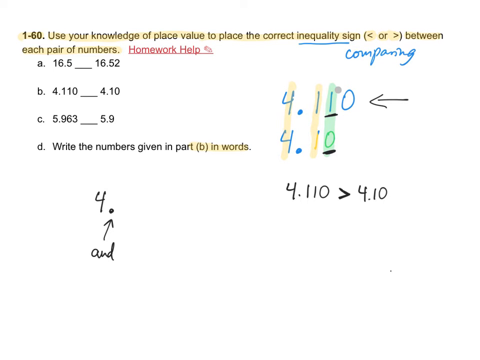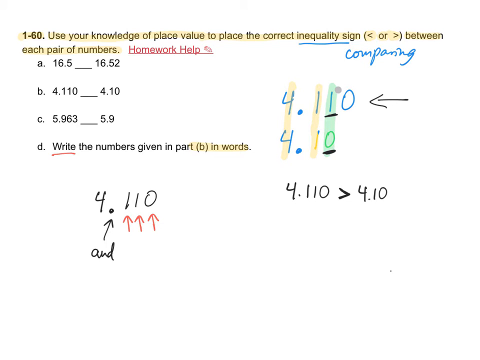And then I have 110. But I am saying 110, so I need to count what place value I have. This is the place of the tenths, hundredths, thousandths. So if I say 110, I have to say thousandths. I'm saying that, but you guys need to write it. So my number is 4 and 110 thousandths.